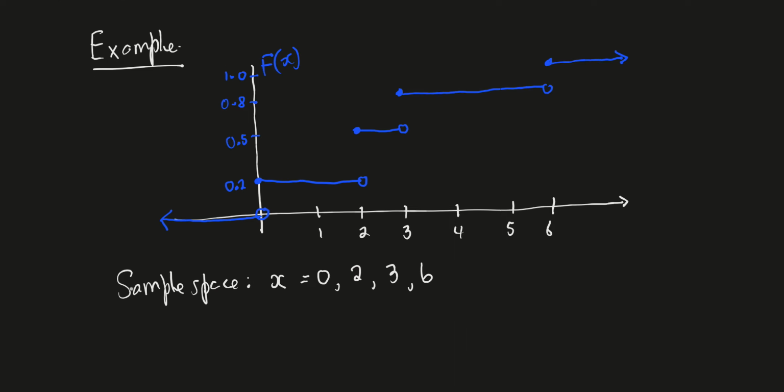Now let's see if we can list the associated probabilities. So like, what is the probability that x is equal to 0? Or what is the probability that x is equal to 2 and 3 and 6, right? So let's find the associated probabilities.